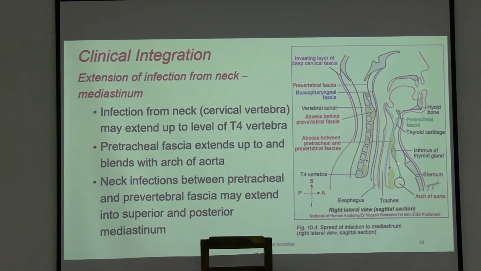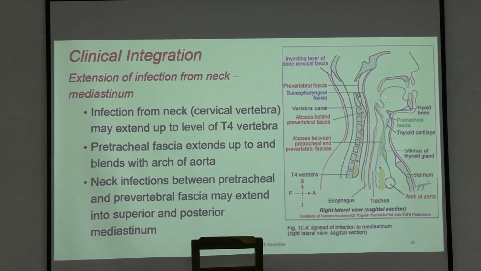It covers the thyroid gland and it goes up to the arch of aorta. So this is the area. There is a connection in between the pretracheal layer and prevertebral layer. This is the area which is connected from the neck to the thorax or the mediastinum.